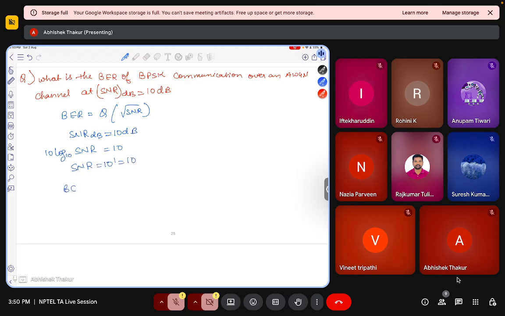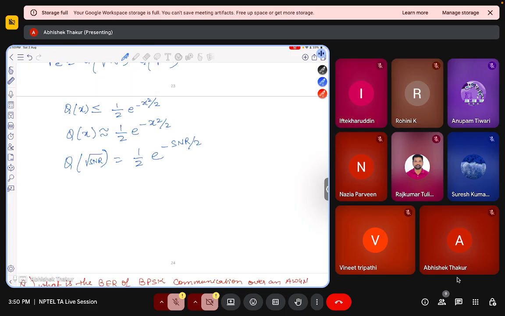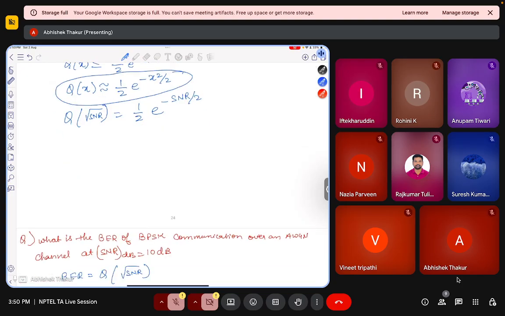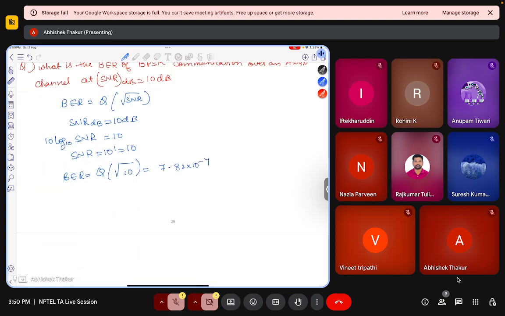So bit error rate is Q of square root of SNR. So this will be Q of root 10, which is approximately equal to 7.82 into 10 to the power of minus 4. Or also we can use this equation to find it: half e to the power of minus SNR by 2, that also we can find.